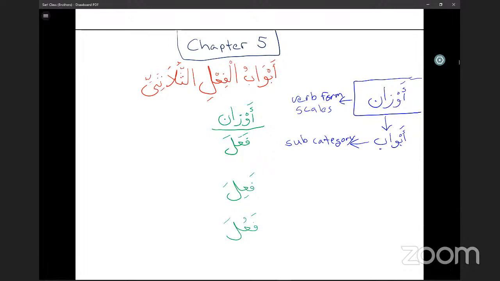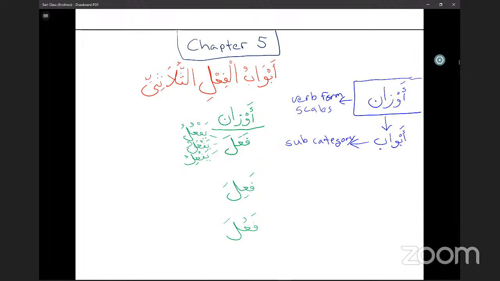Then we said that fa'ala breaks down into three in the mudari', if you remember. It breaks down into yaf'ulu, yaf'alu, and yaf'ilu. So it breaks down into three mudari'.